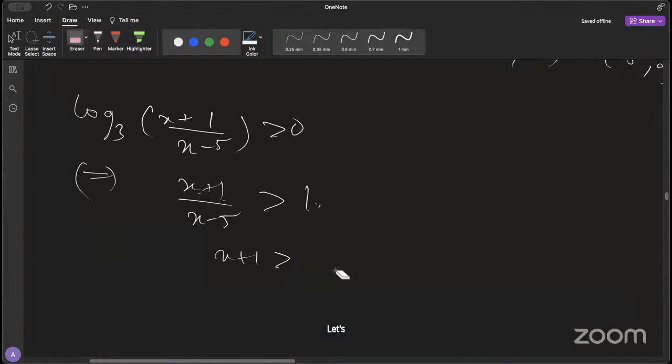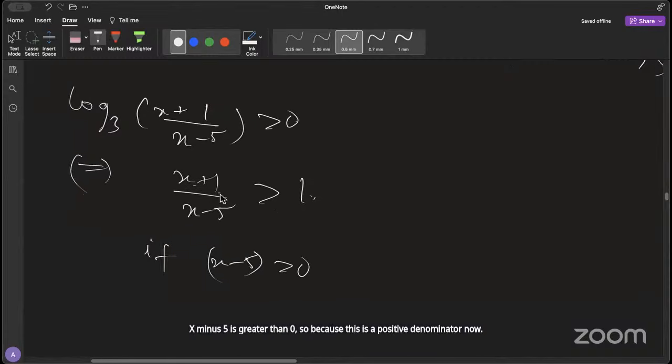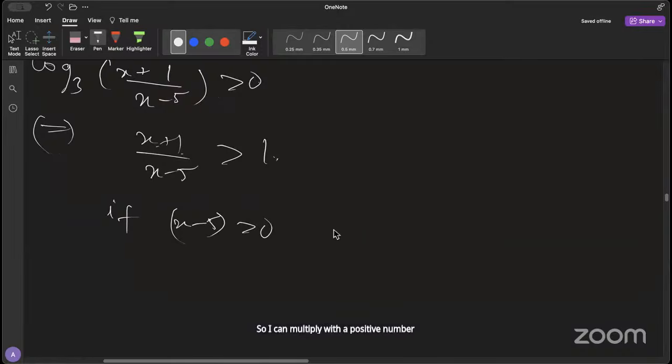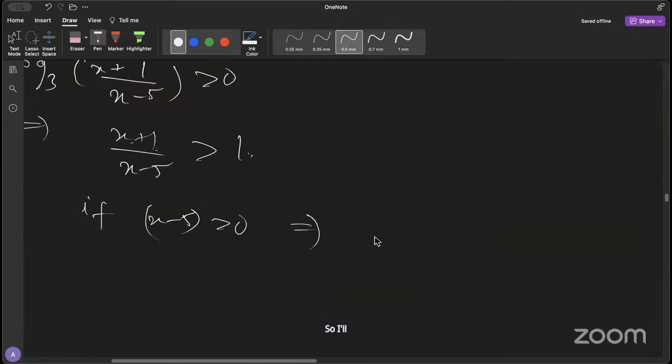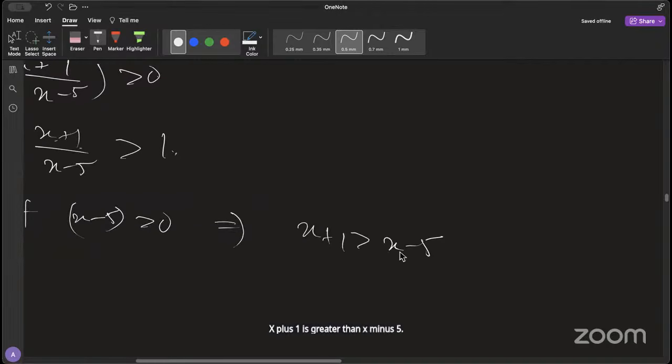Let's do it this way. If x minus 5 is greater than 0, this is a positive denominator, so I can multiply with a positive number on both sides. I'll get x plus 1 is greater than x minus 5. So you will have nothing from here, no solution from here.